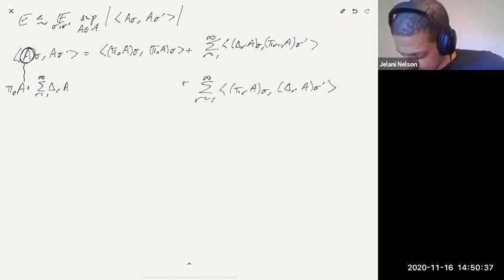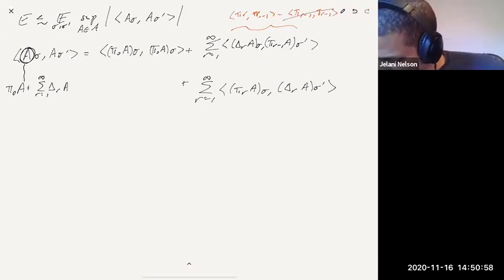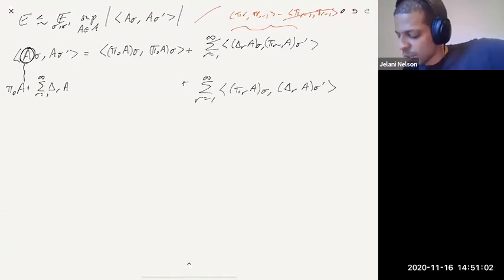So this is going to give you something like, let me take a little shorthand, pi_r dot pi_{r-1} minus pi_{r-1} dot pi_{r-1}. But this is going to cancel the previous summand, right? Remember we had pi_0 dot pi_0.